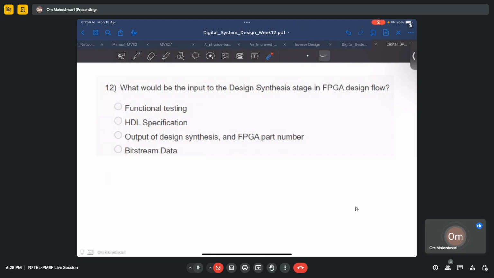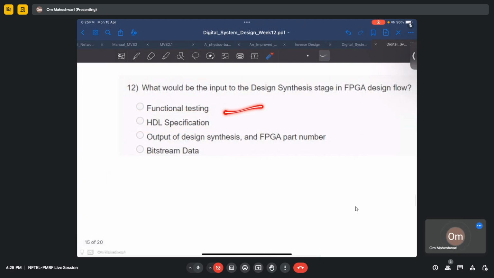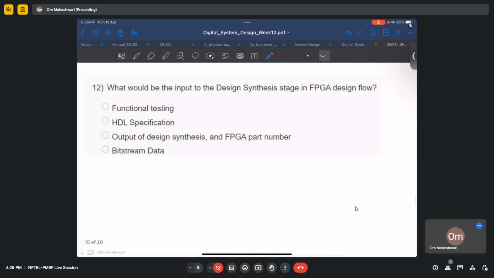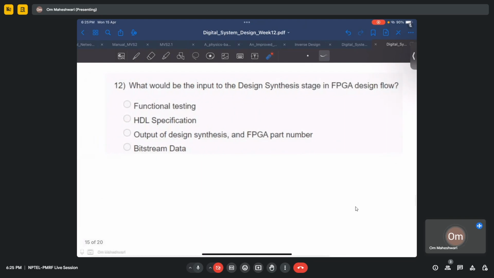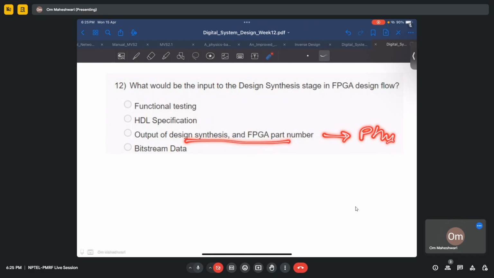So as we discussed, we start with the Verilog code, right, to the design synthesis. Then the output of the design synthesis is sent to physical design. So the correct answer is HDL specification.